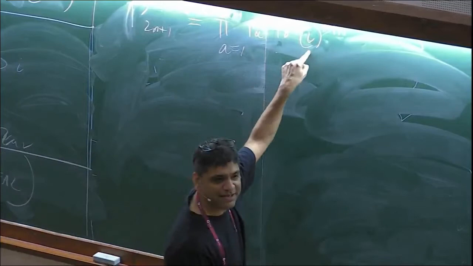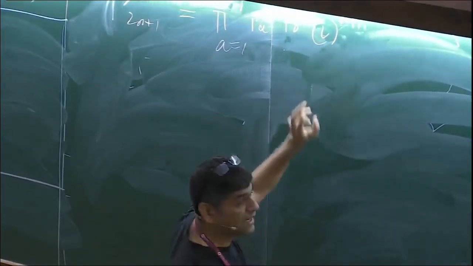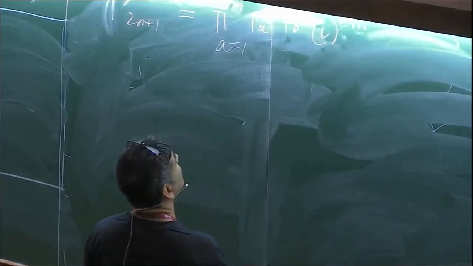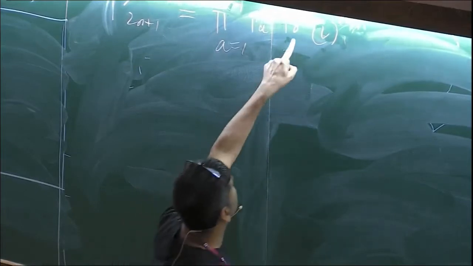Gamma 0 is an additional factor of I. How did I get it the other way? Is it plus 1 minus 1? Sorry. Let's see. So gamma 0 is minus 1. So, yeah, it removes the extra factor. You want to remove the extra factor of I. Thank you. Minus 1.